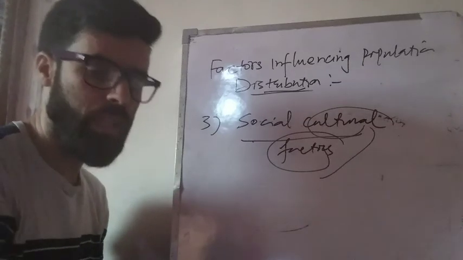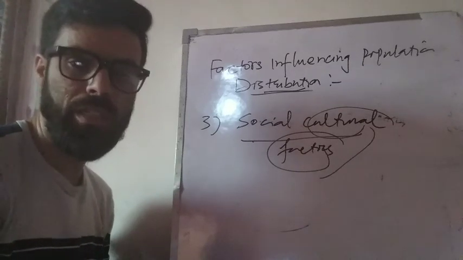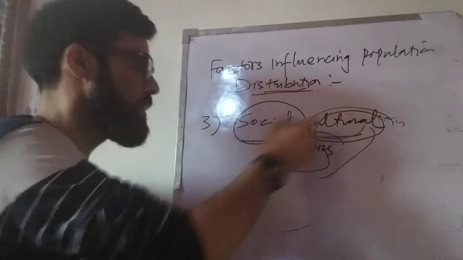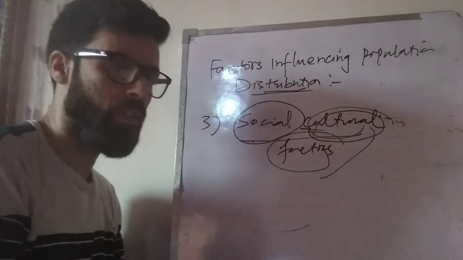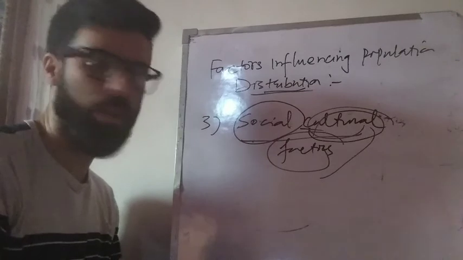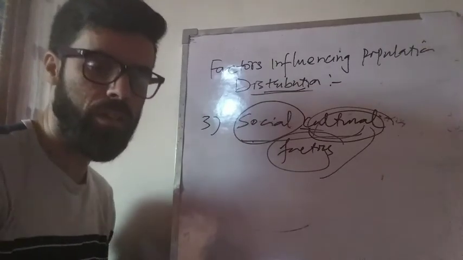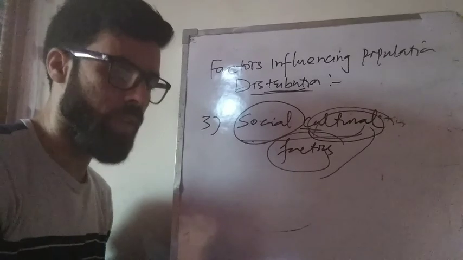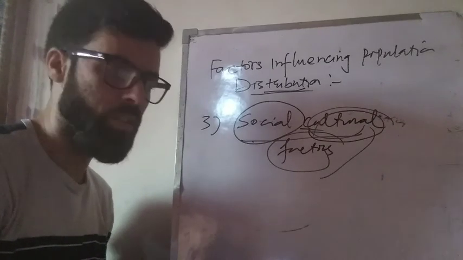We'll prefer to live in such sort of area which is having the same sort of culture. That's why culture and society plays an important role. The Indian people don't prefer to live in Africa because the culture in Africa is totally different. The culture and the social factors are also responsible for population distribution.